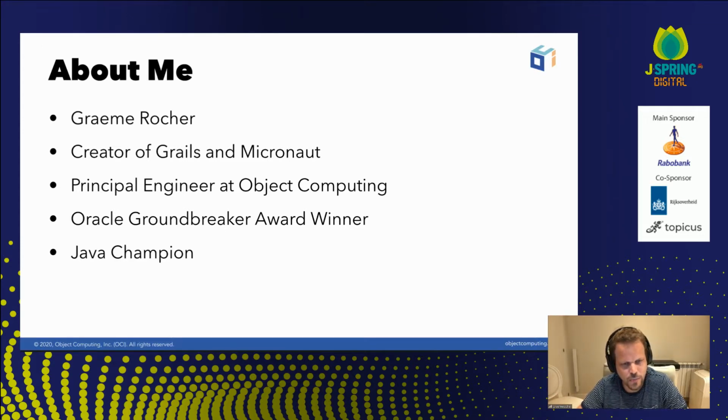I'm a principal engineer at Object Computing, which is a fantastic company that contributes significantly to open source, including to projects like Groovy, to Grails, and to Micronaut. And I am a Java champion and happen to win a Groundbreaker award as well.